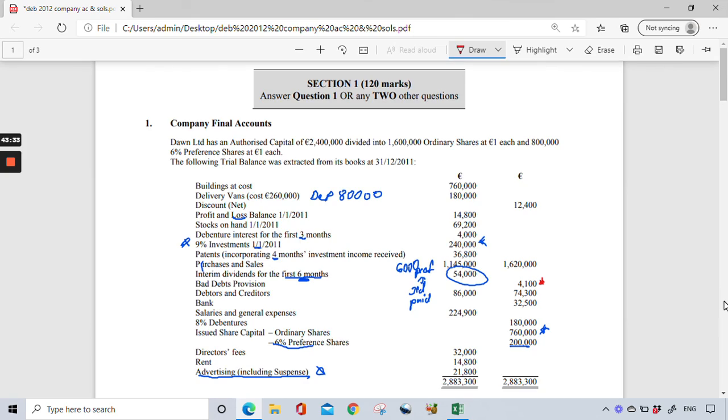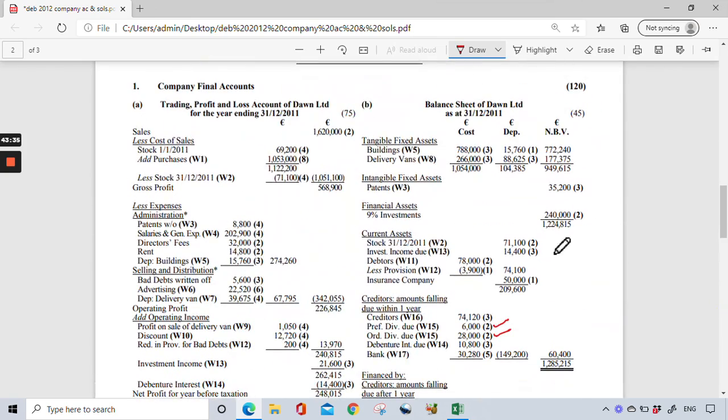Quick scan of the solution. So we have sales figure comes straight from the trial balance. Opening stock comes straight from the trial balance. We have worked out purchases. We have worked out closing stock. We have worked out patents, salaries. Directors' fees comes from the trial balance.